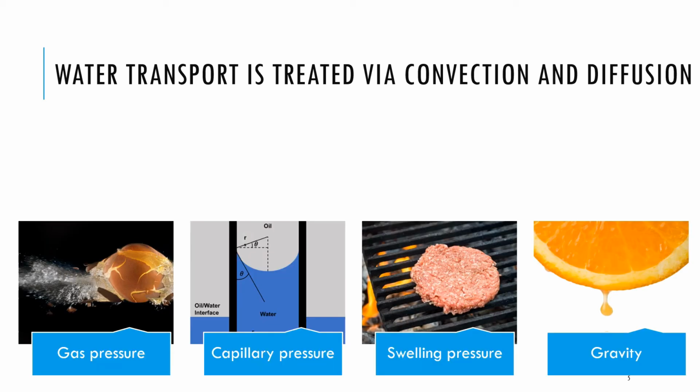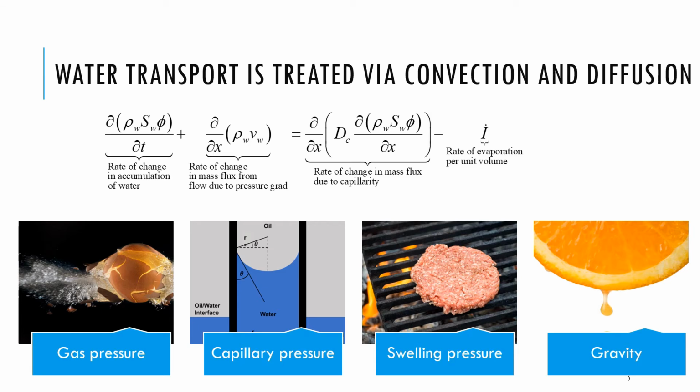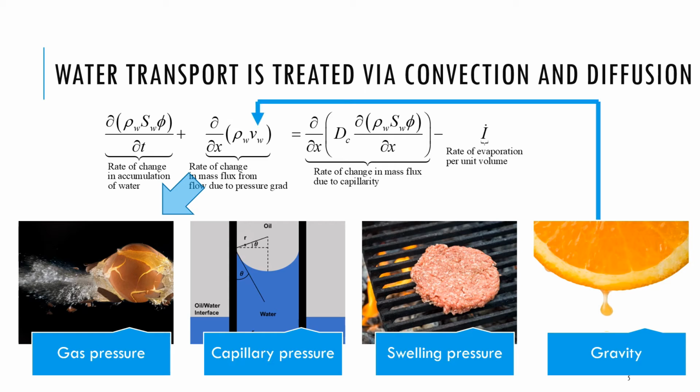So the water transport equation for the water phase in the porous media is like this, and it has the convective term from gas pressure or the convective term from gravity.